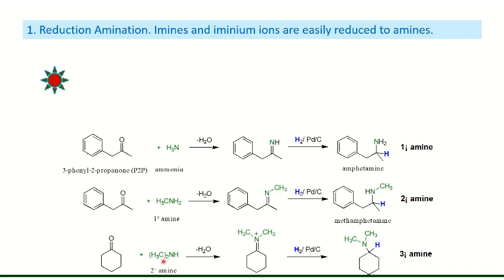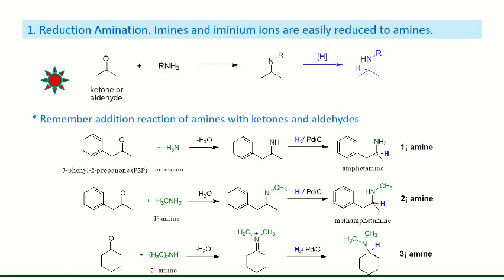And of course a secondary amine would give you an enamine, which you can then reduce to give you the tertiary amine. All of these reactions can be generalized like this. In this case, we're looking at a primary amine with a ketone, and you end up with a secondary amine once you have reduction of the imine.